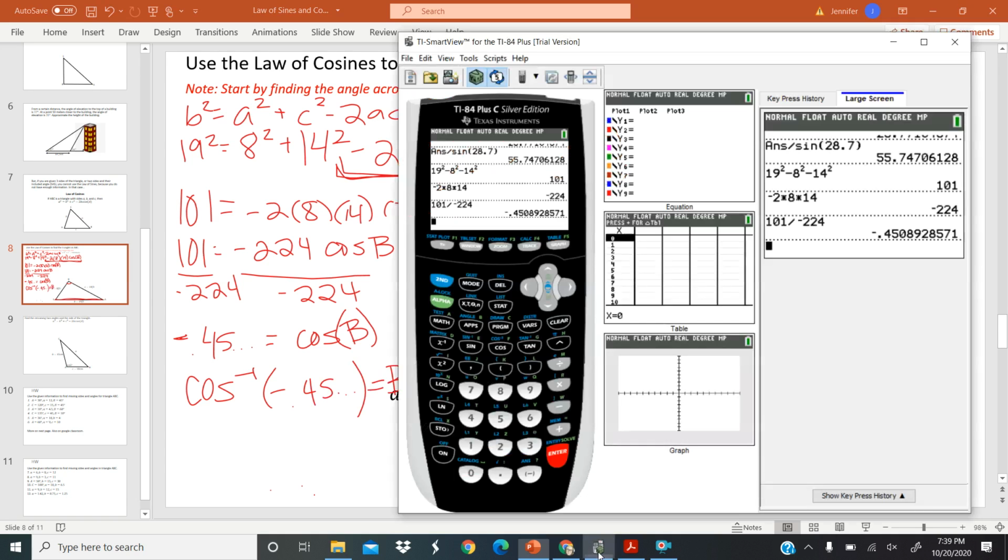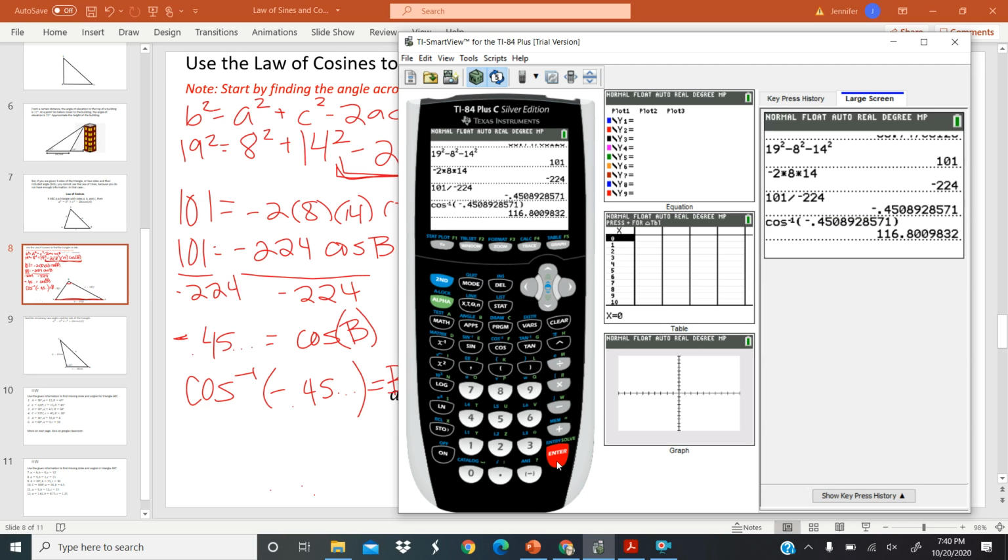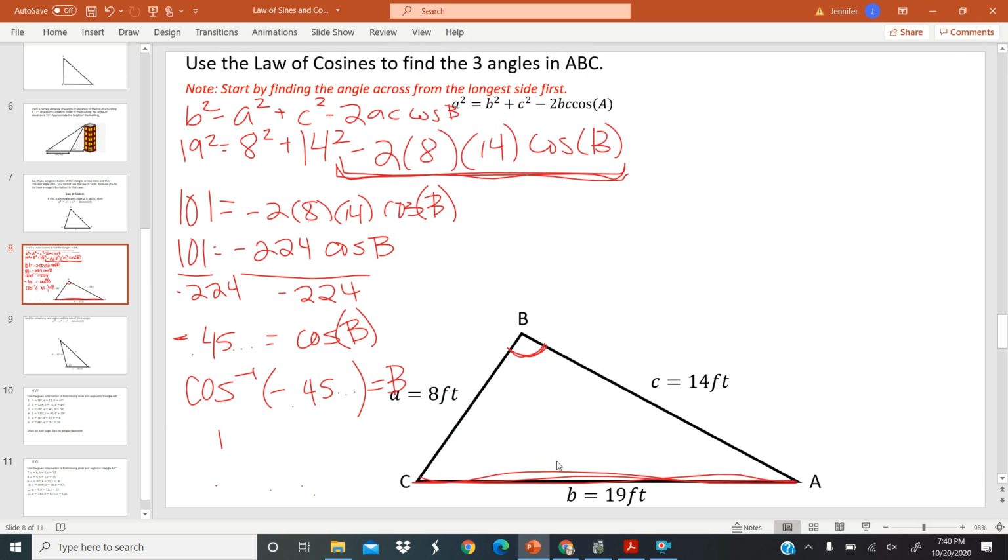So coming back to our calculator, to get inverse cosine, you're going to hit second, and then the cosine button. And then I want the cosine of that negative 0.45 number, and I'm going to press enter. And so then that's going to give me angle B finally, and it is 116.800. So I'm just going to call it 116.8. And I'll label that in my triangle.